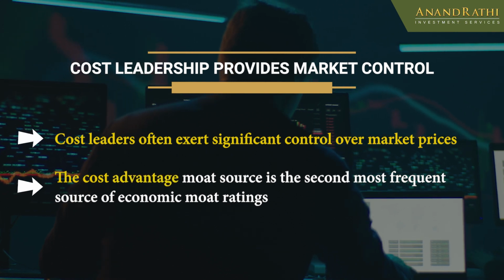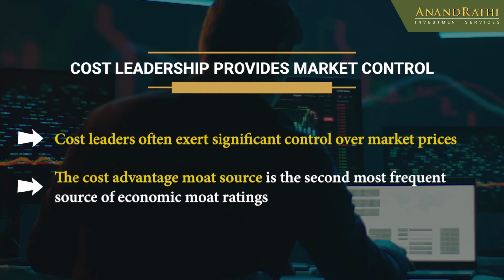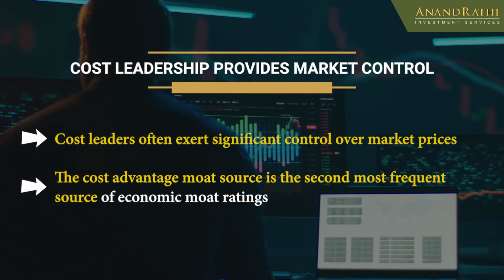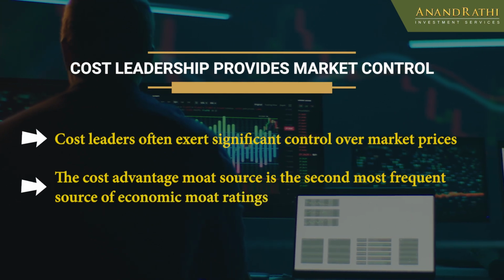The cost advantage moat source is the second most frequent source of economic moat ratings. Cost advantages are often gained through economies of scale, lower distribution costs, better manufacturing practices, and efficient processes which enable lower manufacturing cost.